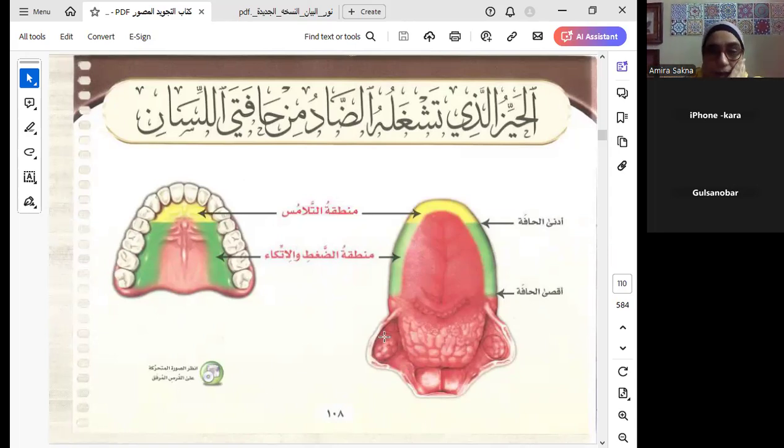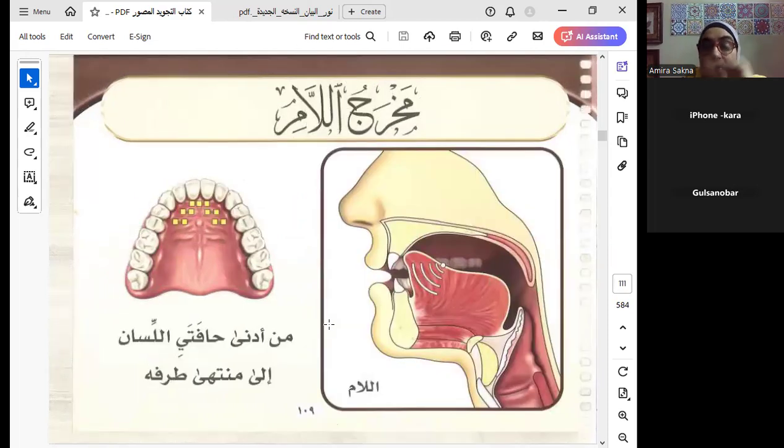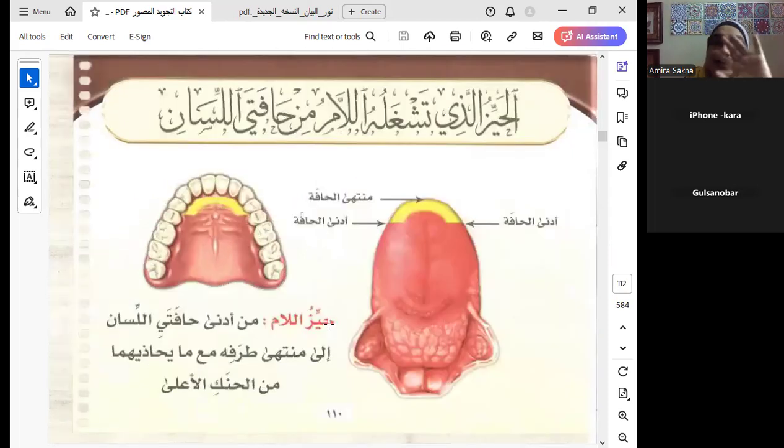This is dad. We are going to take examples about dad. Regarding lam, it is the opposite of dad. That's why sometimes we take two or three letters together, because they share the same articulation point but have some differences in between. With lam, we press here from the nearest to the tip of the edge.